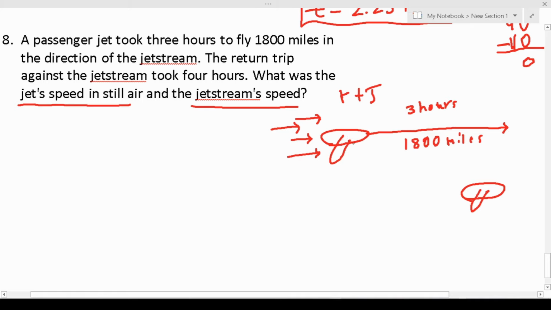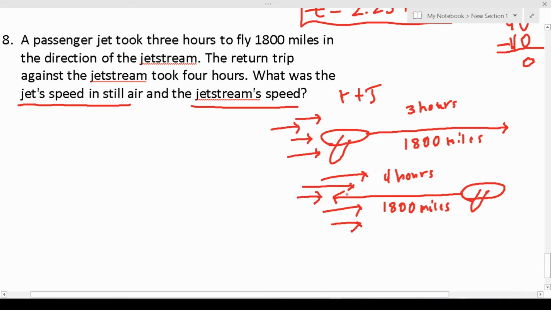like a wave. In this case, we know the jet is now returning back home, so it's going the same 1,800 miles. That said, we know it took 4 hours for it to complete the journey, and moreover, we know now it's going against this jet stream, which is making its speed slow down.